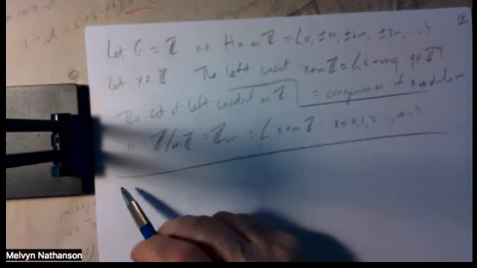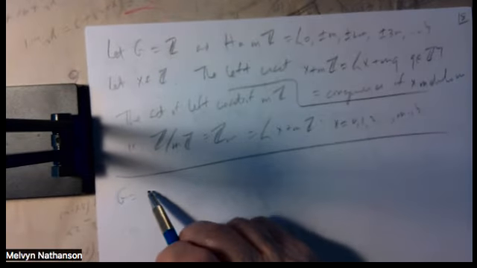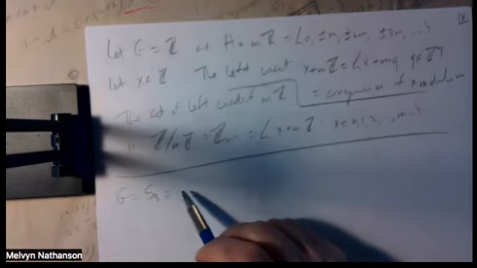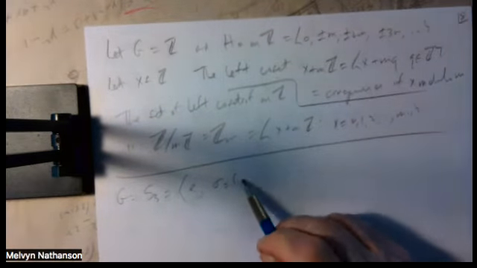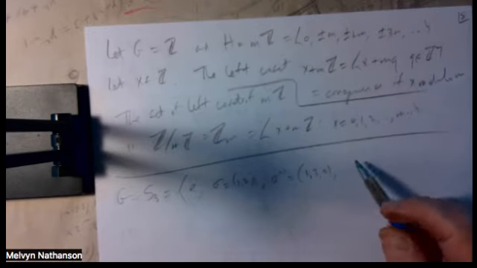Let's take another example. Suppose I let G be S3. This is the set of permutations of 1, 2, and 3. We have the identity. We have the cycle (1 2 3), the inverse of that cycle, which is (1 3 2), and we have 3 transpositions. Tau 1 interchanges 2 and 3. Tau 2 interchanges 1 and 3.